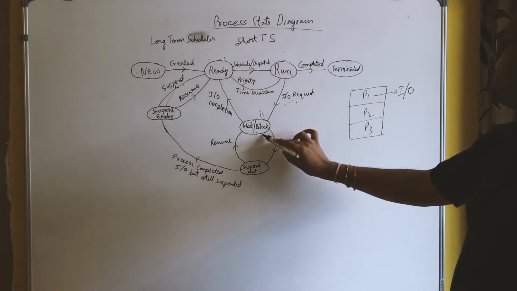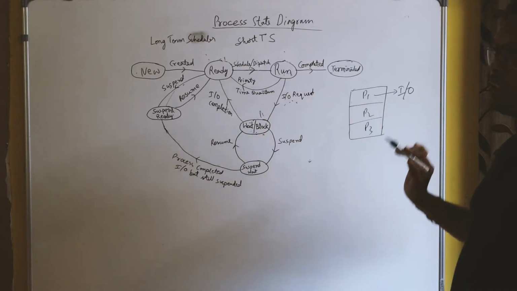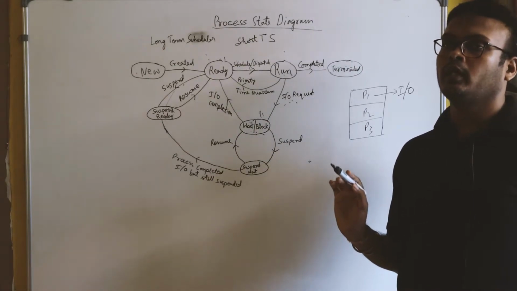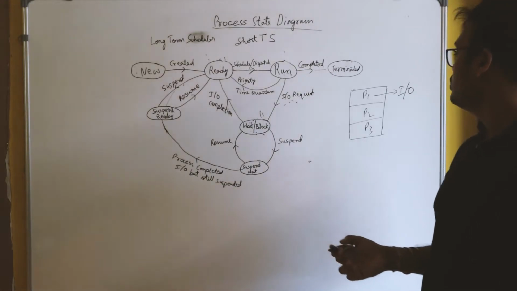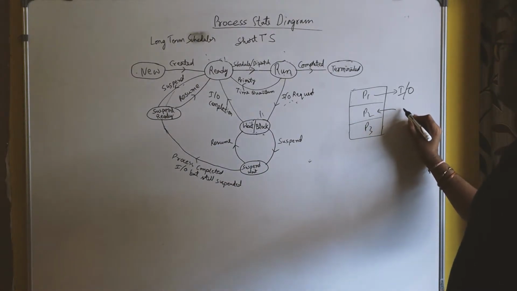Now the state of P1 is wait block state. And since P1 is busy with the I/O, it has to leave the CPU so that other processes can utilize the CPU. So maybe now the CPU is given to P2.